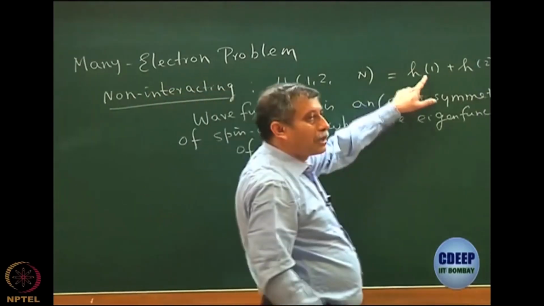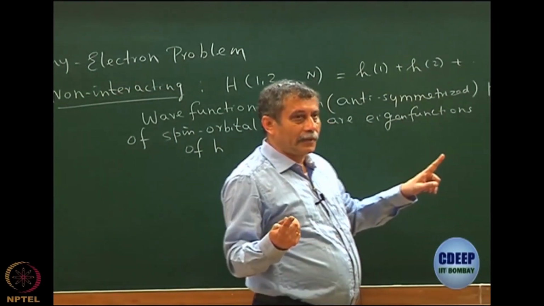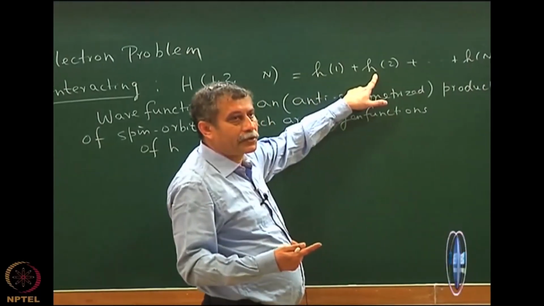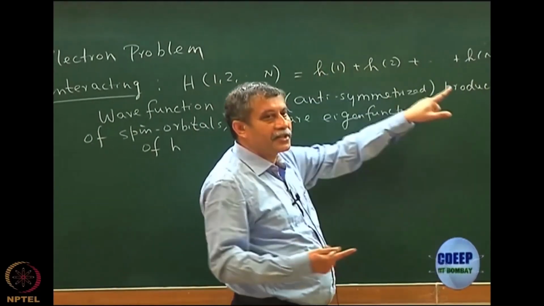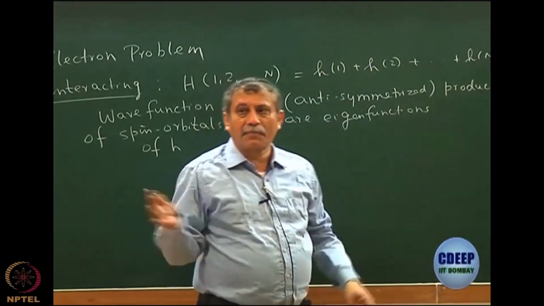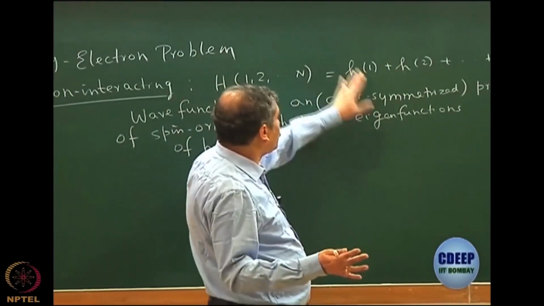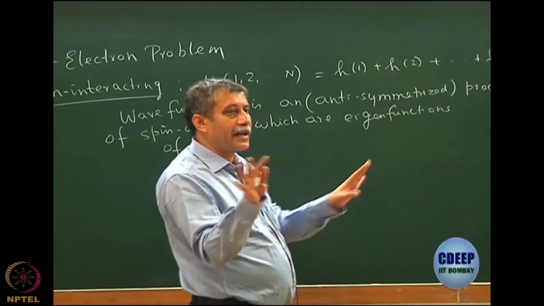Basically, you have to solve only the one particle problem. It may also happen that this H and this H may be different, so it may be H1, H2, H3. Even in that case, the problem is trivial. You simply solve H1, H2, etc., and then later on make an antisymmetric product.